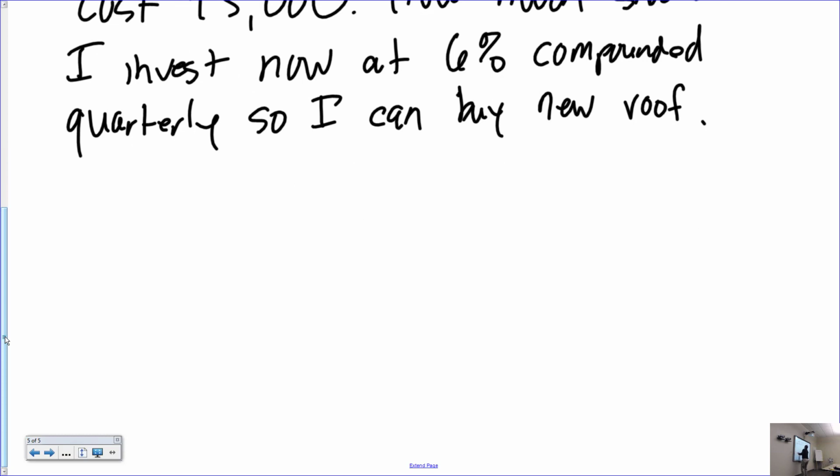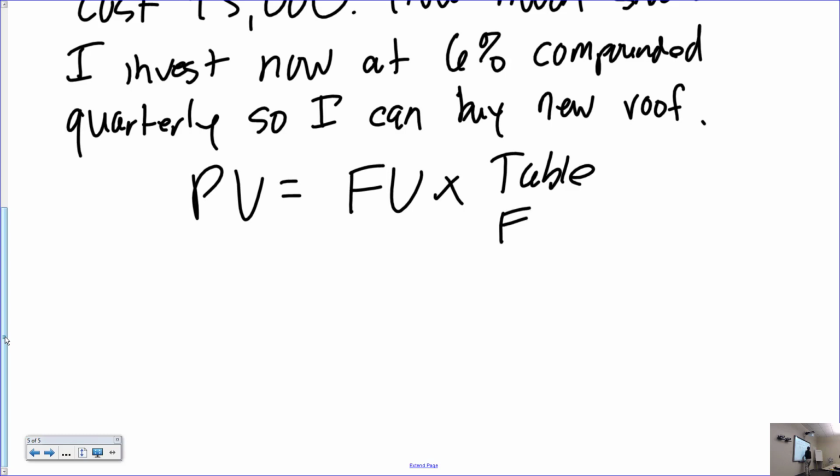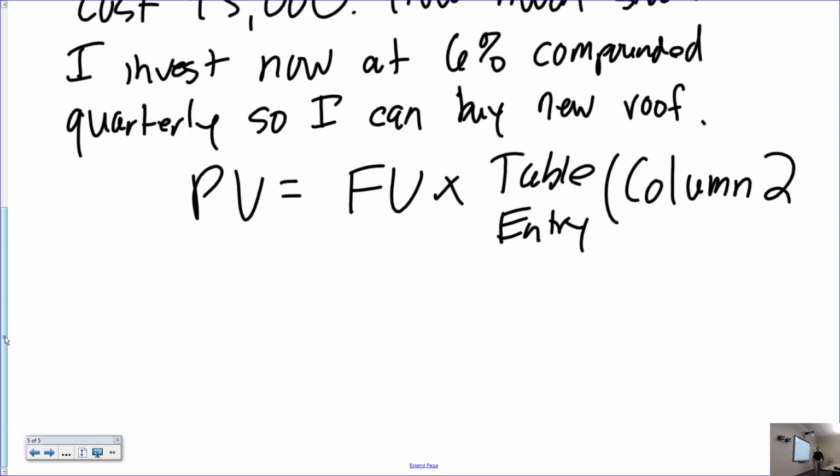So the key here is realizing that present value just equals the future value times our table entry. But please note, use column 2, or what's its title number? 12-3. Okay? That's what the second column of the table is for. It's going back to the present.